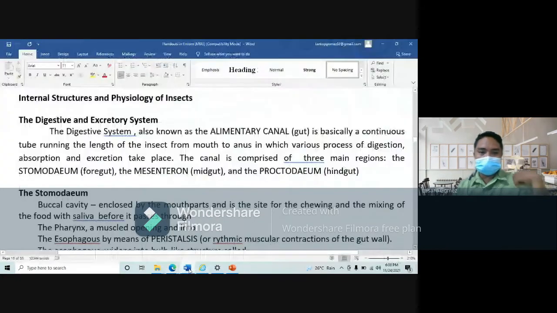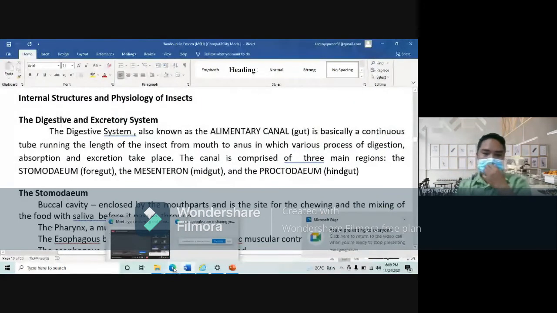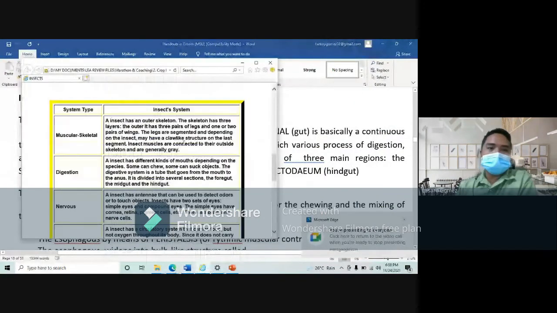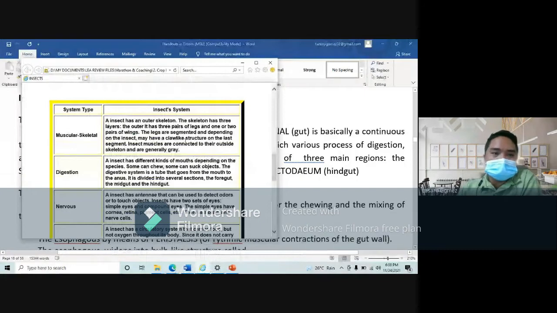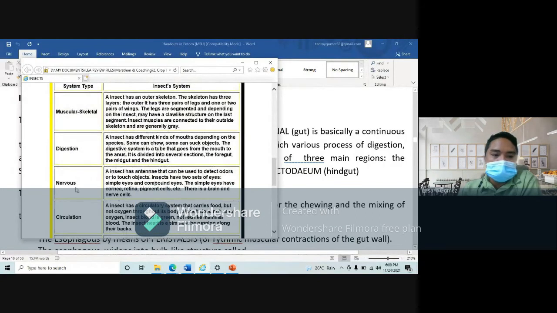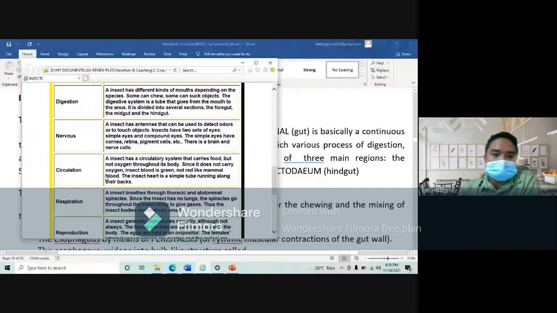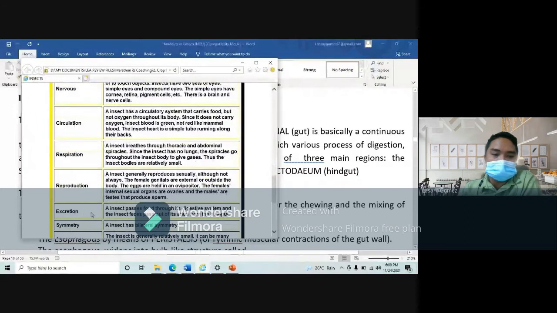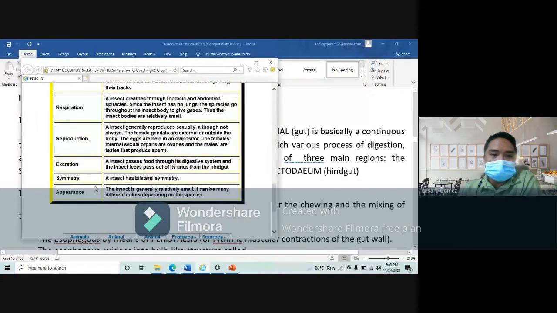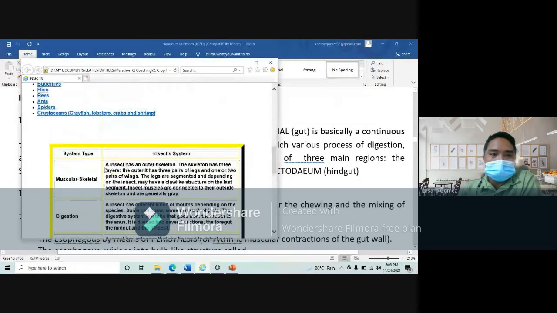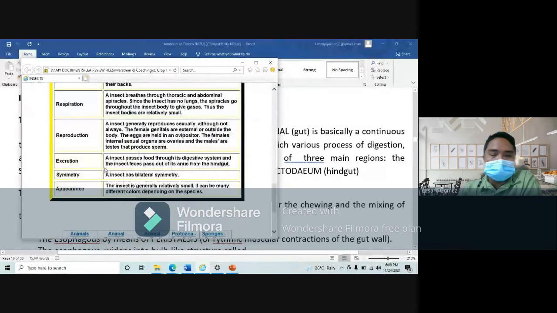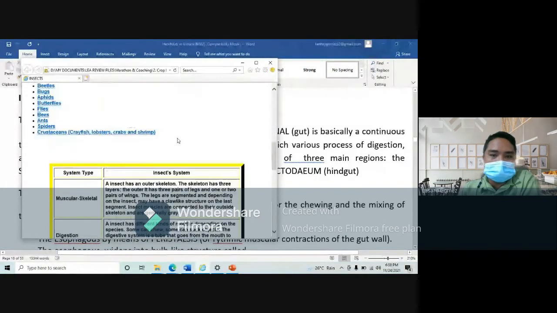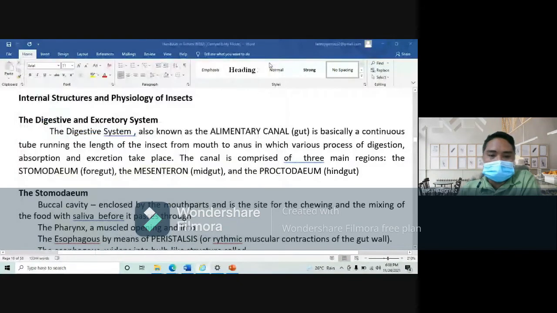the internal structures of an insect. So what are the insect's internal systems? You have the muscular skeletal system, the digestive system, the nervous, the circulatory, respiratory, reproductive, and excretory systems of an insect.